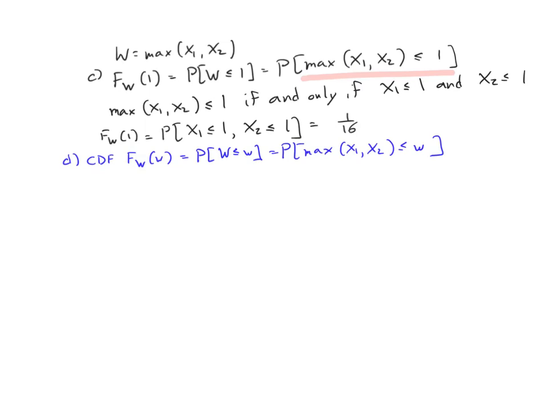And now you have exactly the same logic we had before. The max of x1 and x2 is less than or equal to w if and only if each of the random variables is less than or equal to w. So in fact, this is the probability x1 is less than or equal to w and x2 is less than or equal to w.